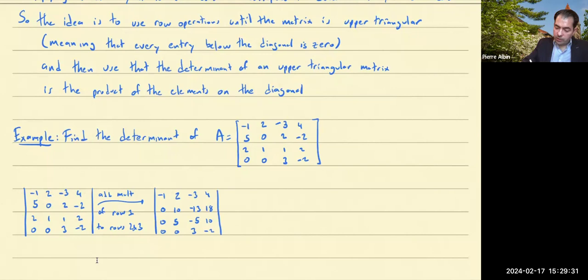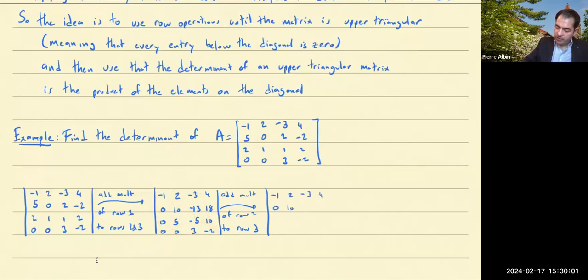Okay, perfect. So I'm looking for upper triangular, right? So I need to kill everything below the diagonal. So next I want to get rid of this 5. So I will add a multiple of row 2 to row 3. Right? So nothing is going to happen to the first row.